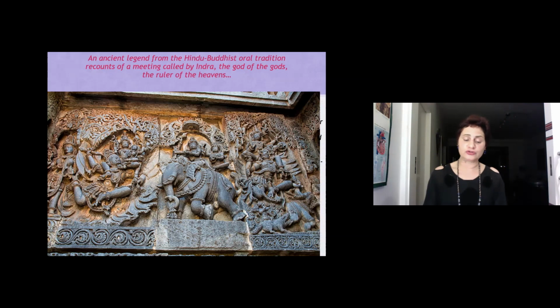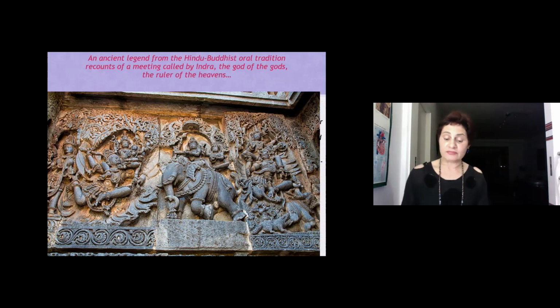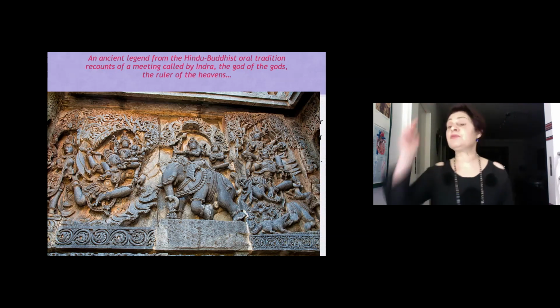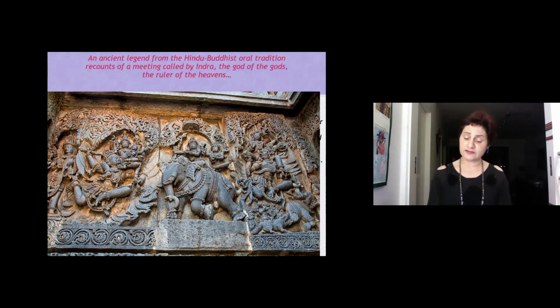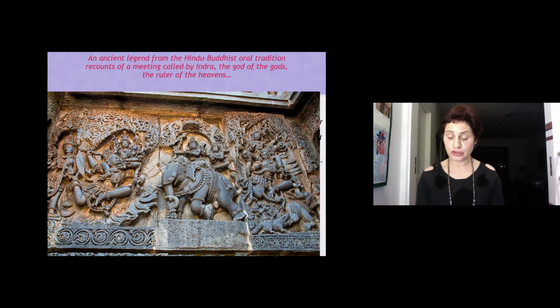Some proposed to hide them in the highest peaks of the mountains. But every time Indra said that man would reach all these places and more. So it was decided that the only place where man would not search was inside himself, deep in his heart.